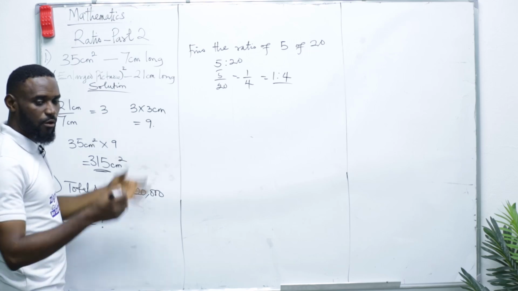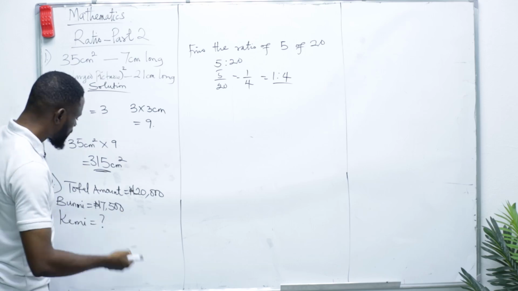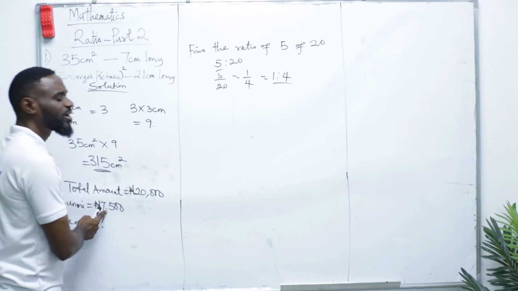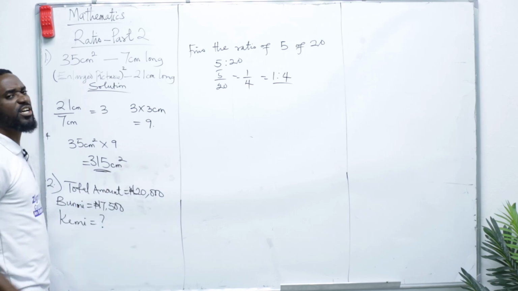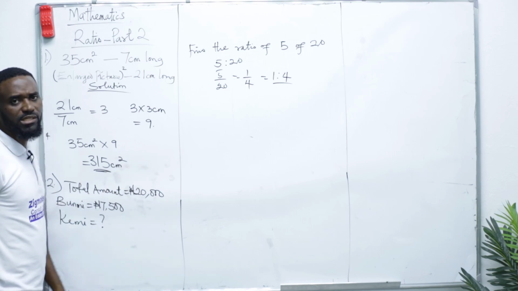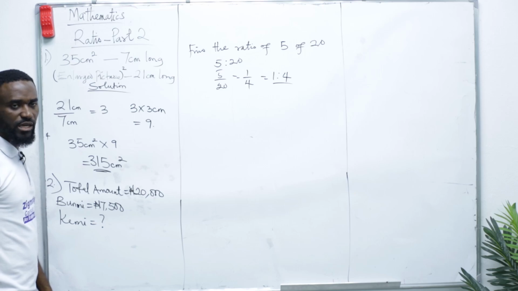We don't know. Now, to know what Kemi received is to remove what Bumi received from what they are sharing. The balance is what Kemi should receive. Is that okay now?